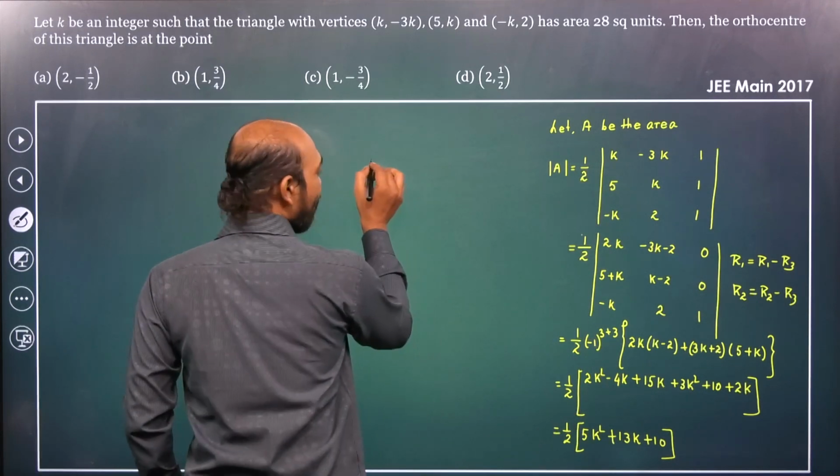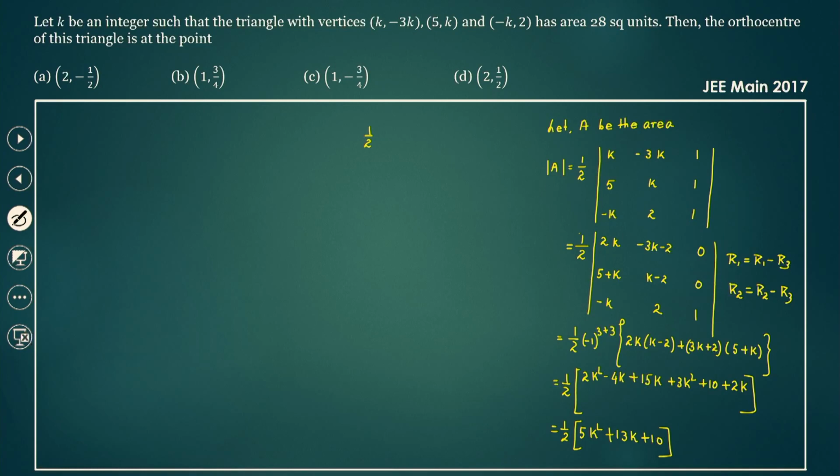So as area is given, we can say 1 by 2 of 5k square plus 13k plus 10 is equal to 28, but we'll have to add the plus minus sign. That implies 5k square plus 13k plus 10 is equal to plus minus 56. That implies we get two quadratic equations: 5k square plus 13k minus 46 equal to 0, or 5k square plus 13k plus 66 equal to 0.